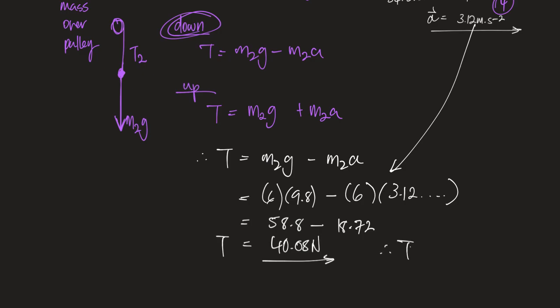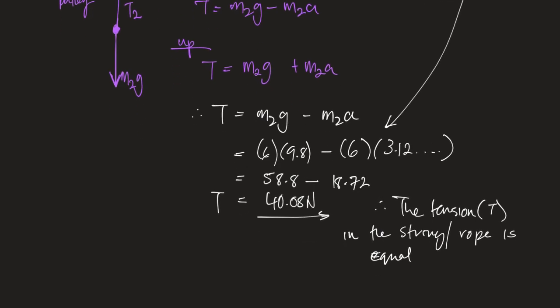So therefore, the tension in the string or rope is equal to 40.08 newtons downwards. I make it very clear.